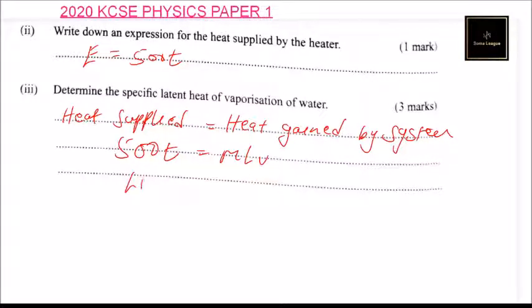So we make L_v the subject, and it is 500 t divided by the mass. So that is the expression that can give you the latent heat of vaporization. And that is how you answer that question. Here you get 4 marks.